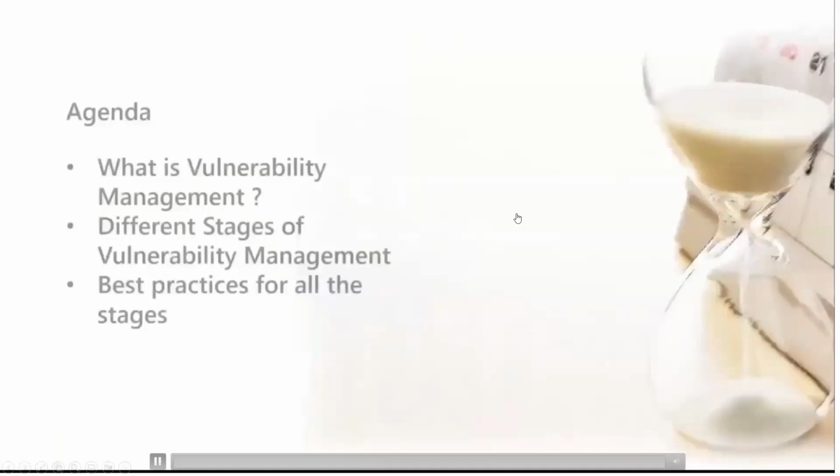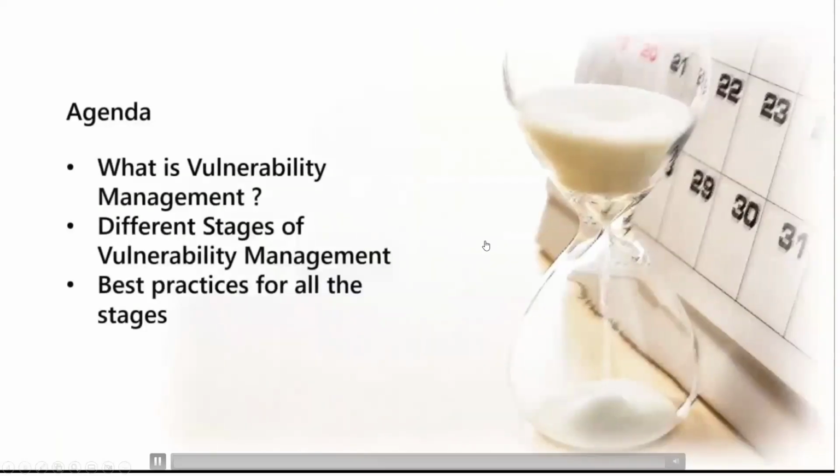So the lecture consists of what is vulnerability, what is the prime definition of vulnerability management system. Then there are different stages that are involved in vulnerability management system. We will discuss each one of them and what are the best practices for evaluating the vulnerabilities present within the system.